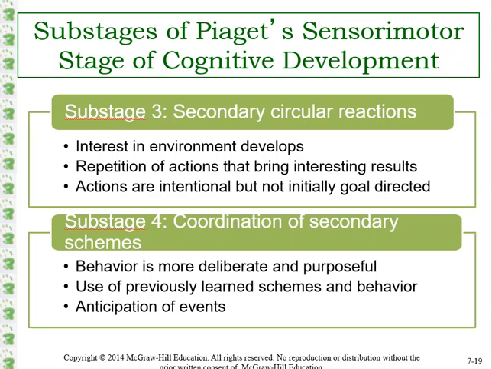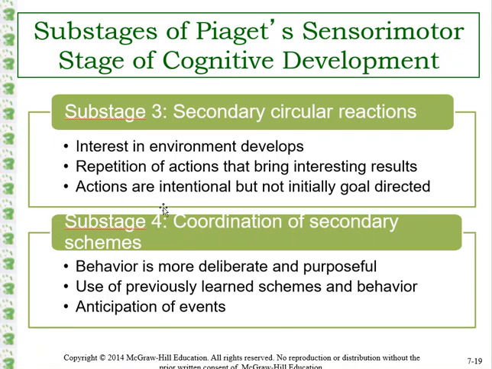Over the next 3 days, she tries to repeat the effect over and over again, and gradually she's forming a hitting scheme. That would be an example of substage 3, because now she's anticipating how that event may happen, and she's learning from the previous schemes as well.